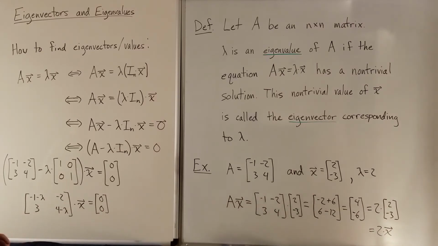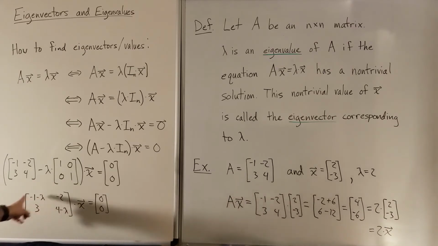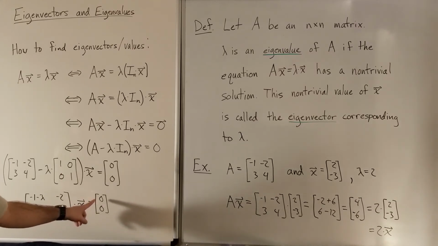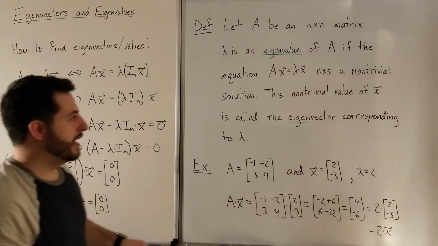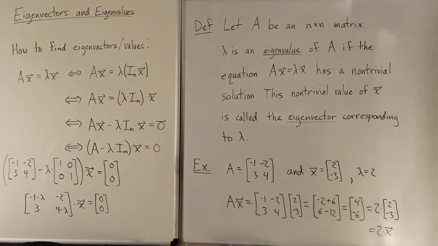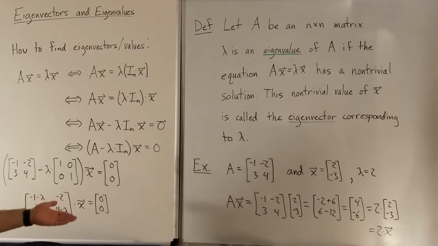If I had an invertible matrix over here, I could take the inverse of it and multiply both sides of this equation by the inverse, and I would get that x is equal to the inverse of this times 0, which must be 0. Therefore, x is 0. And I need x to be non-trivial. So this matrix cannot be invertible. And it turns out if this matrix is not invertible, then there will be a solution to this. So the only thing we really care about is this matrix is not allowed to be invertible.